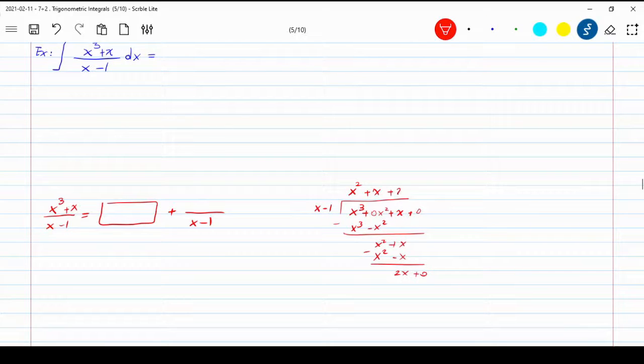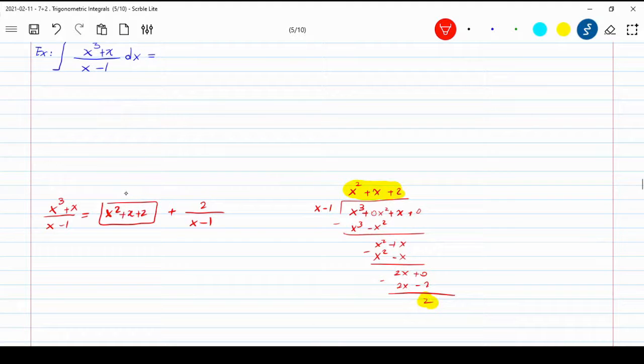Here we need a 2: 2 times x is 2x minus 2. After subtraction, we have a remainder of 2. So this is the polynomial that doesn't have a denominator, and here we have the remainder. So we have x squared plus x plus 2, plus 2 divided by x minus 1.